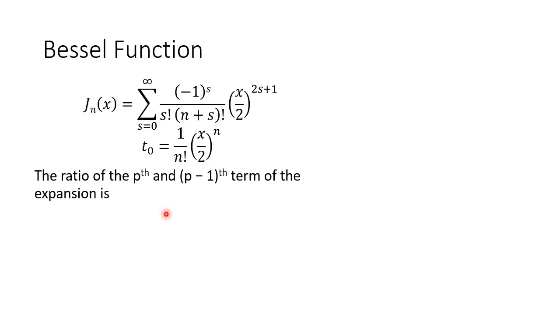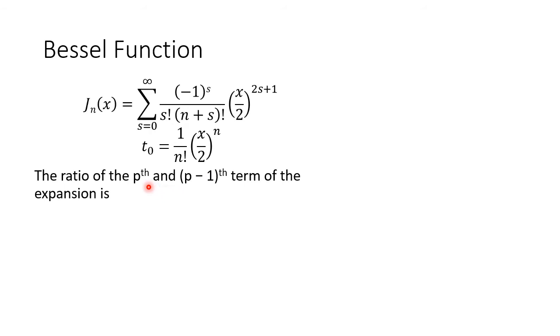Now if you find the ratio of pth term and p minus 1th term, that is tp divided by tp minus 1, you just put s is equal to p, then you will get the pth term, and you put s equal to p minus 1, you will get the p minus 1th term.